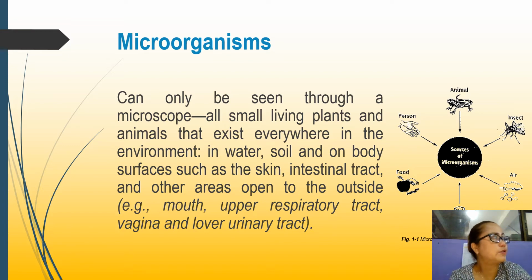Another thing is your lower urinary tract, that is your urinary meatus, where the urine comes out, to the urethra. That's your lower urinary tract, and when it reaches your bladder, that is your cystitis.